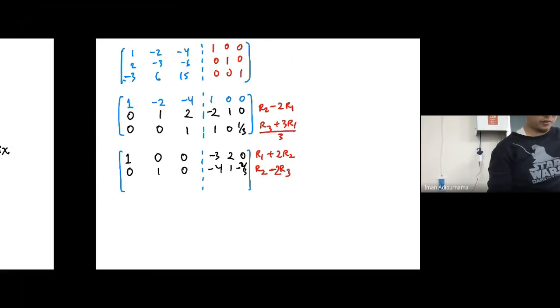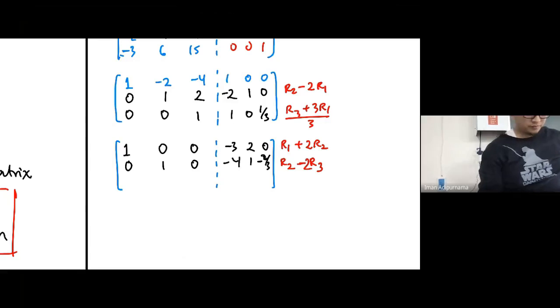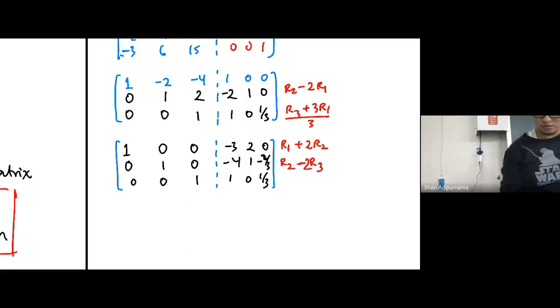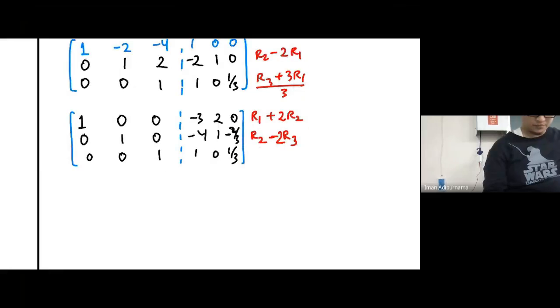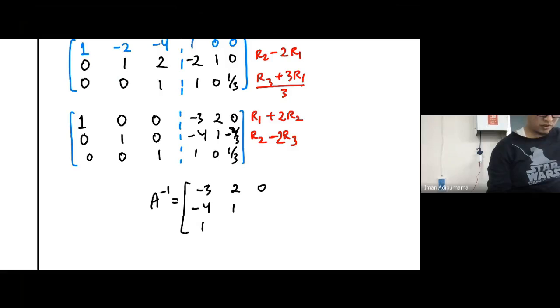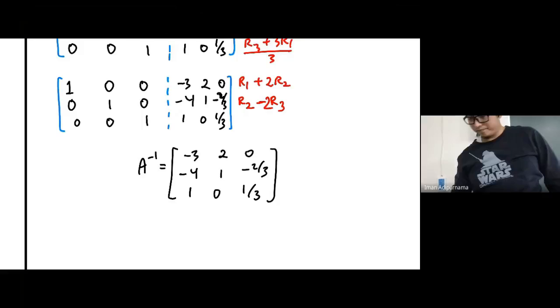And negative 2 over 3. And then 0, 0, 1, 1. So the inverse is negative 3, 2, 0, negative 4, 1, 1, 0, 2, 3. This is the inverse.